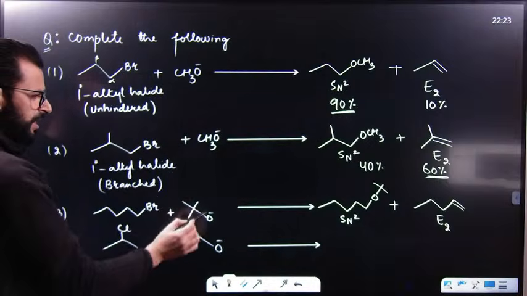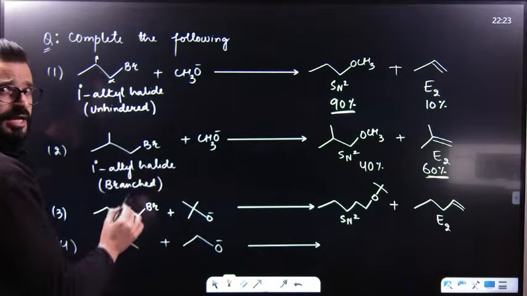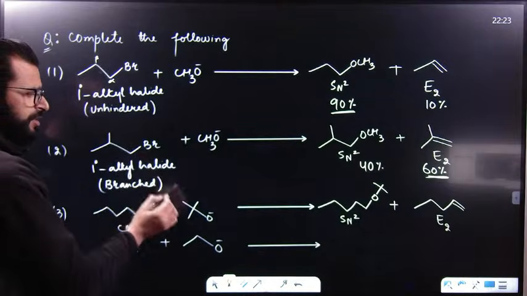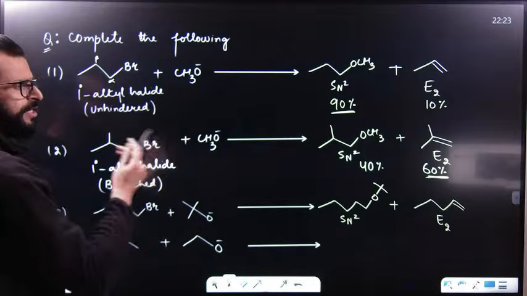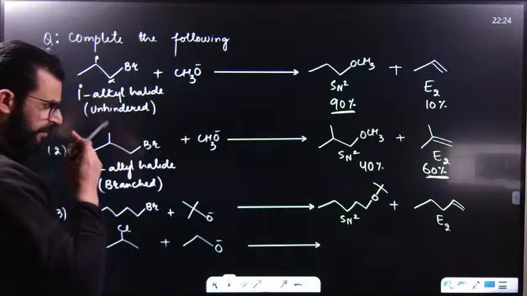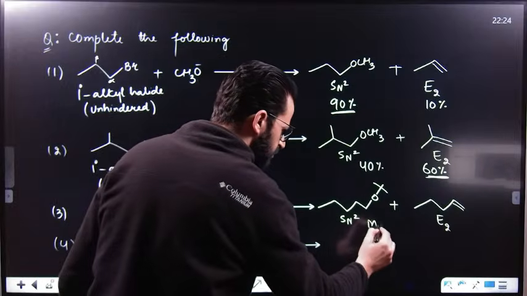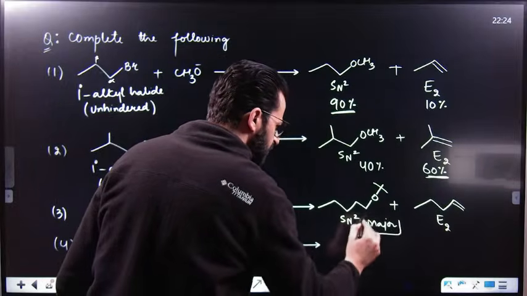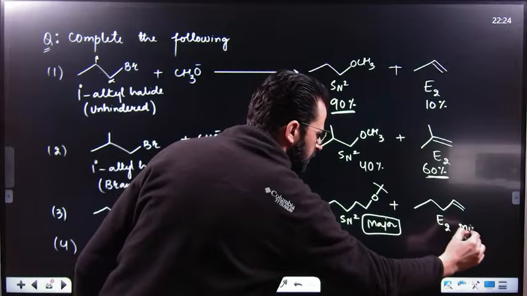But if this is negatively charged, but either the primary alkyl halide is branched or the base is branched, at that time E2 will be favored. So have a look. This will become major at that time and this will become minor at that time.